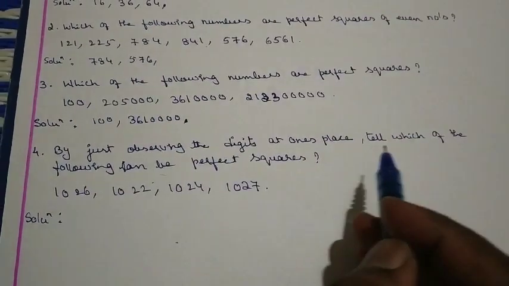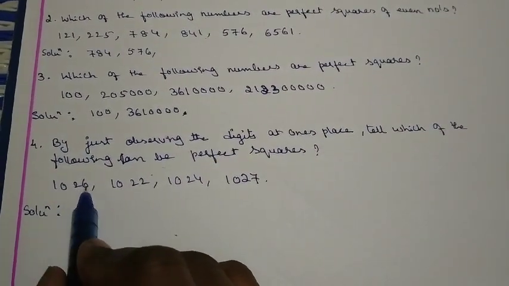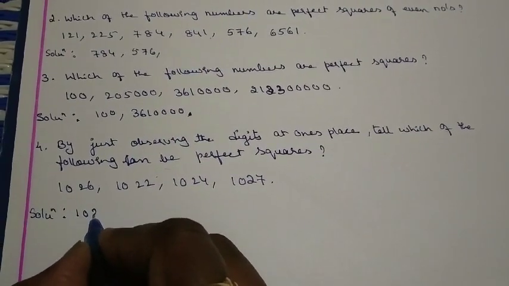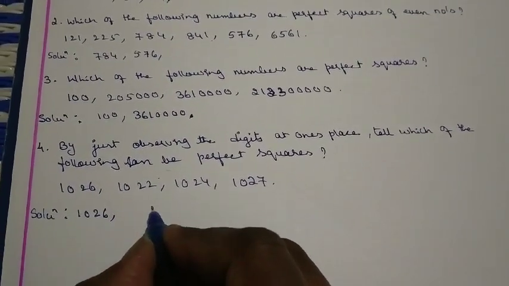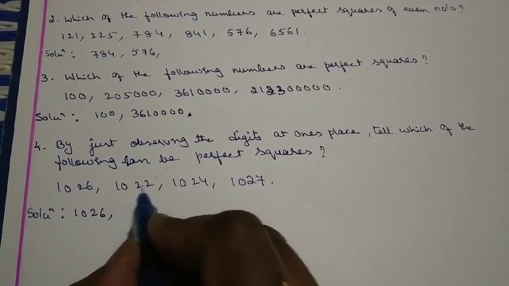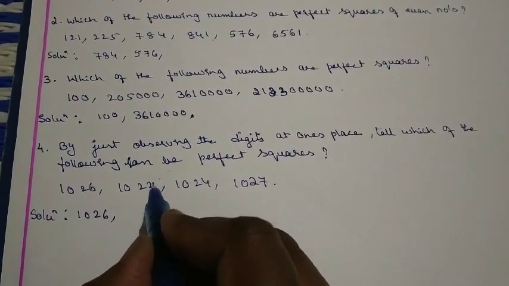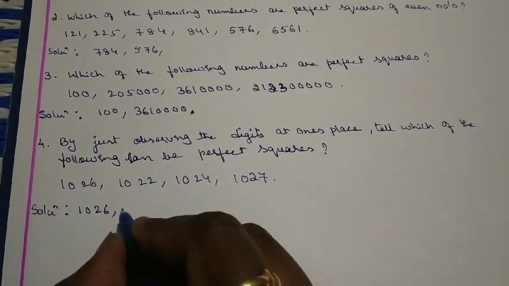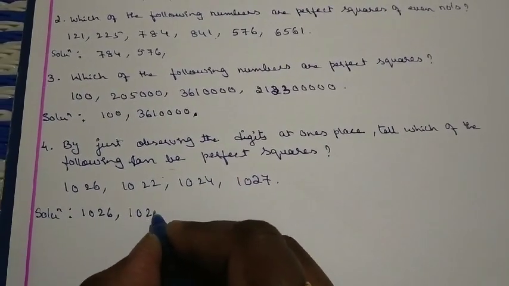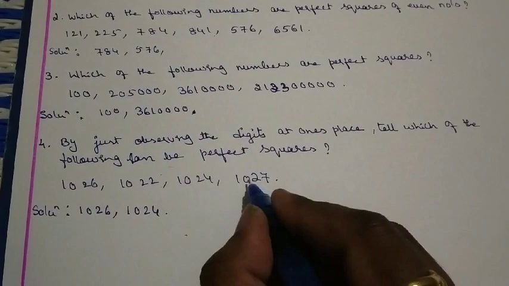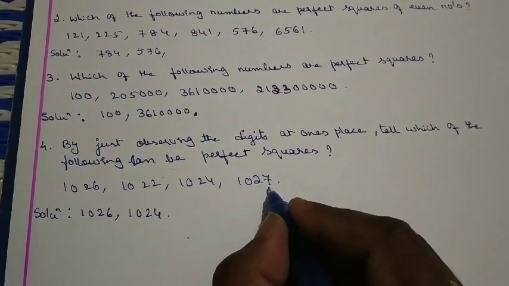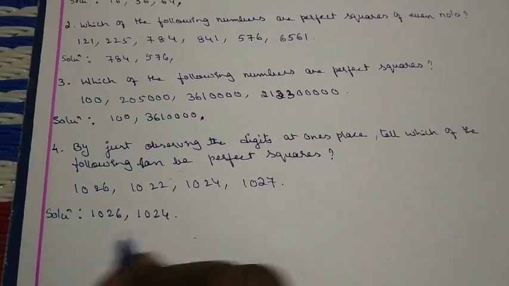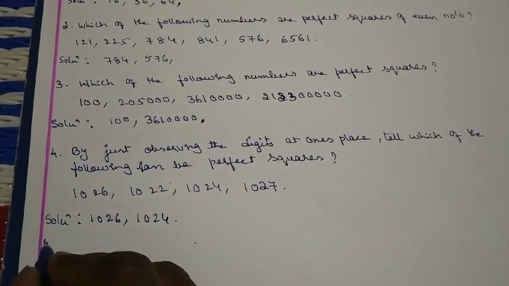So 1026, the digit in the ones place is 6, so there is a chance of being a perfect square. 1022, ending with 2, cannot be. 1024, ending with the digit 4, so there is a chance of being a perfect square. Next 1027, 7 in the units place, so cannot be a perfect square. Now we'll go for the fifth question, children.